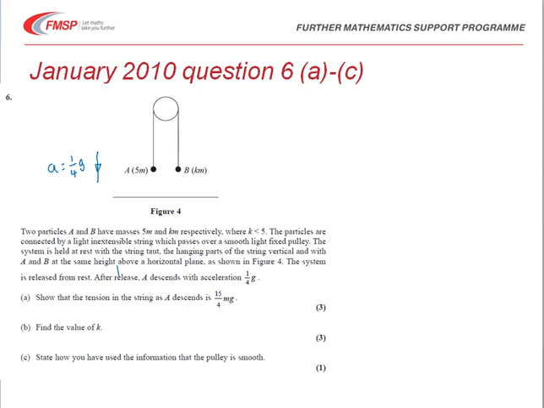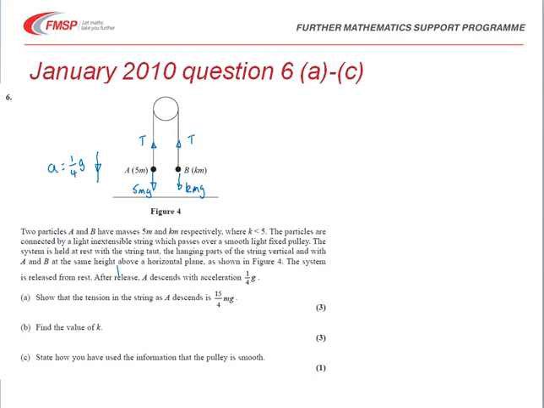So we've got a tension in the string acting up on A, and of course also transmitted through there acting up on B. The weights are 5mg for A and kmg for B.